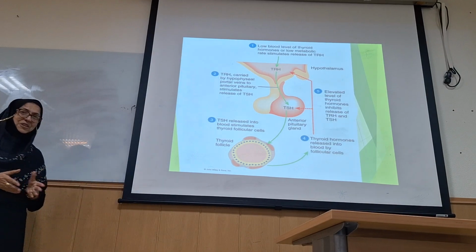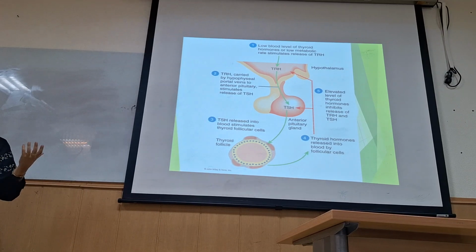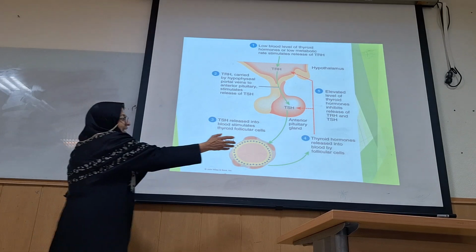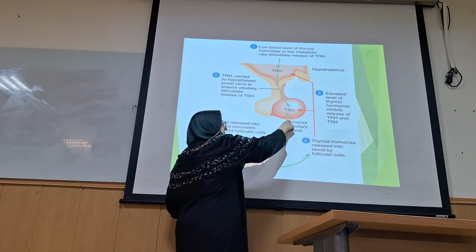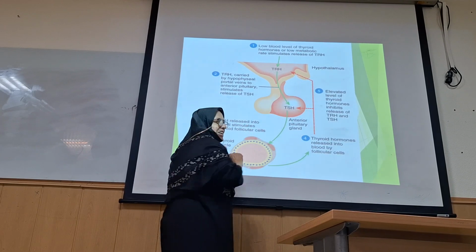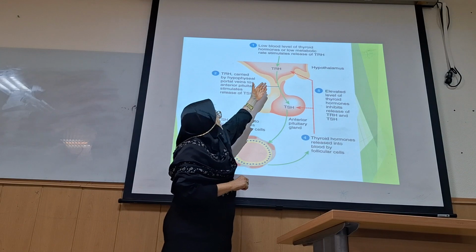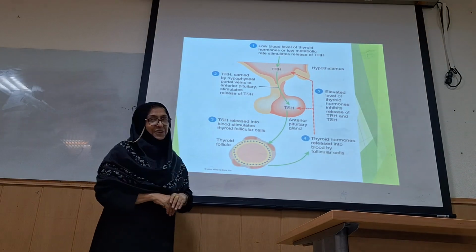I told you we need the normal value of thyroid hormones. When thyroid hormones are at a very high level in our body, negative feedback decreases TSH and also decreases TRH. When TRH decreases, TSH decreases, and thyroid hormones decrease.